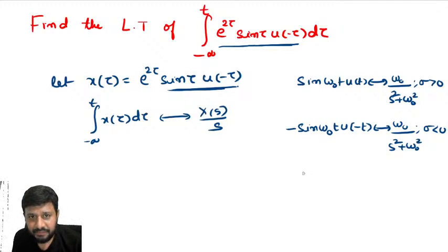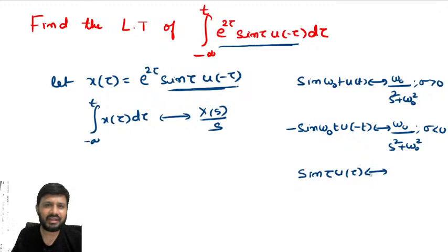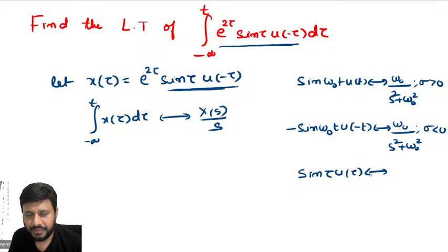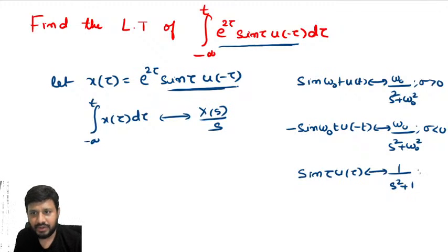In the same way, can you tell me what is the Laplace transform for sin tau u of tau? I am replacing t with tau, nothing will happen. So sin tau u of tau is 1 by s square plus 1, with omega naught replaced by 1, ROC sigma greater than 0.